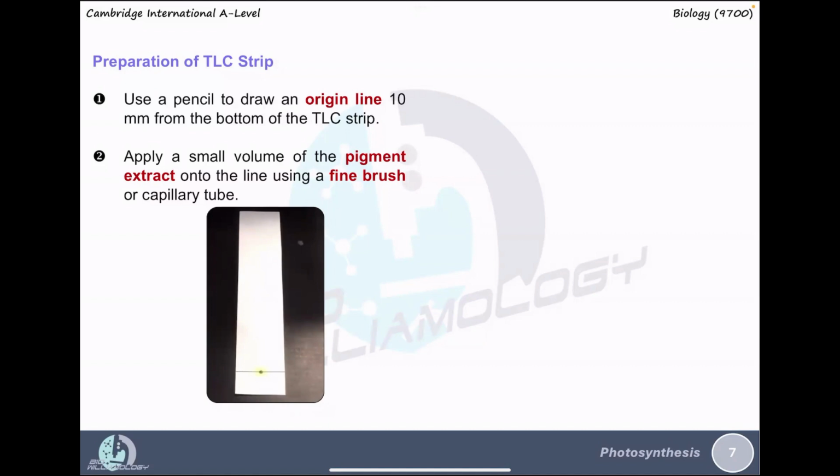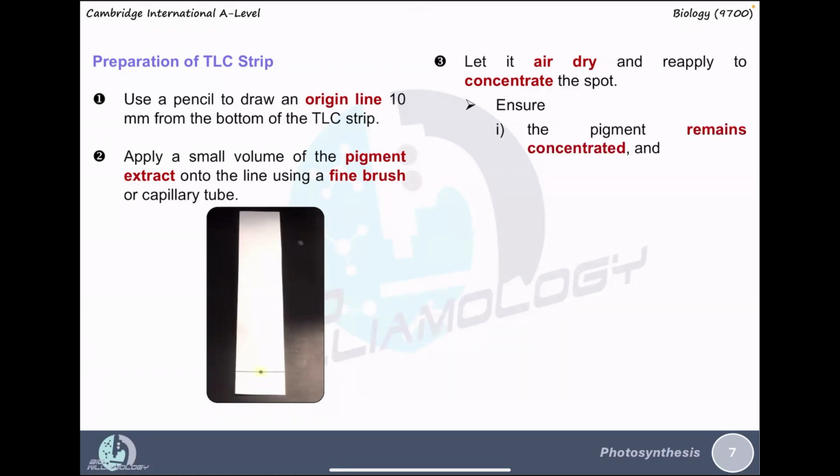Then by using a fine brush or capillary tube or even a pinhead, we can transfer the pigment extract onto this origin line. We allow it to air dry and reapply a few more times to get a concentrated spot. Be careful, we must ensure that the pigment remains concentrated and does not spread too widely.